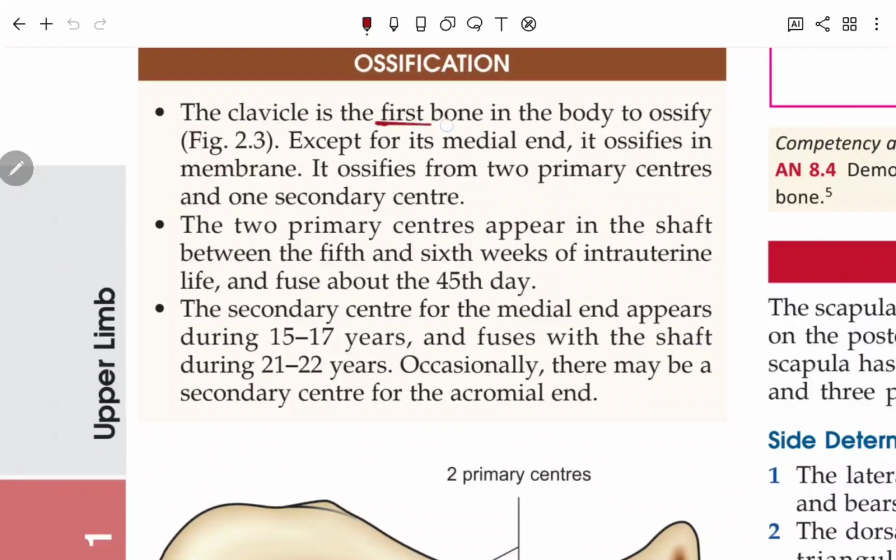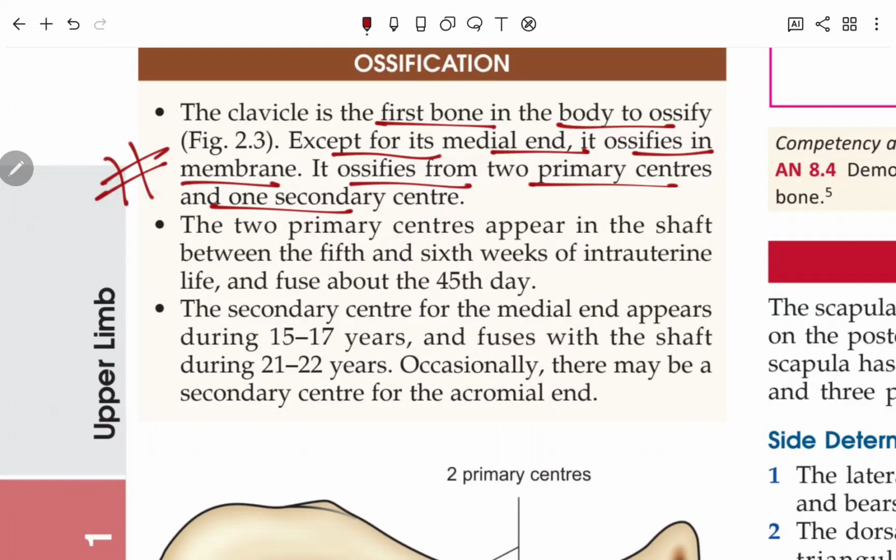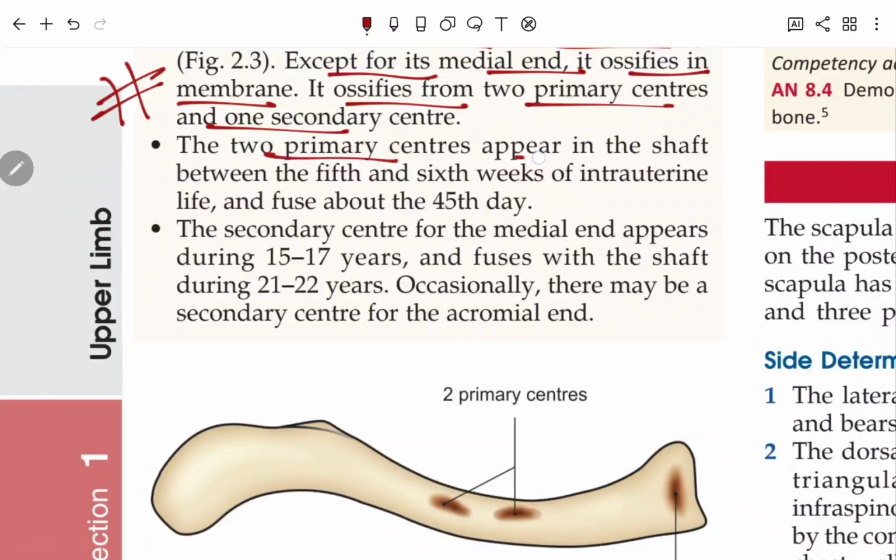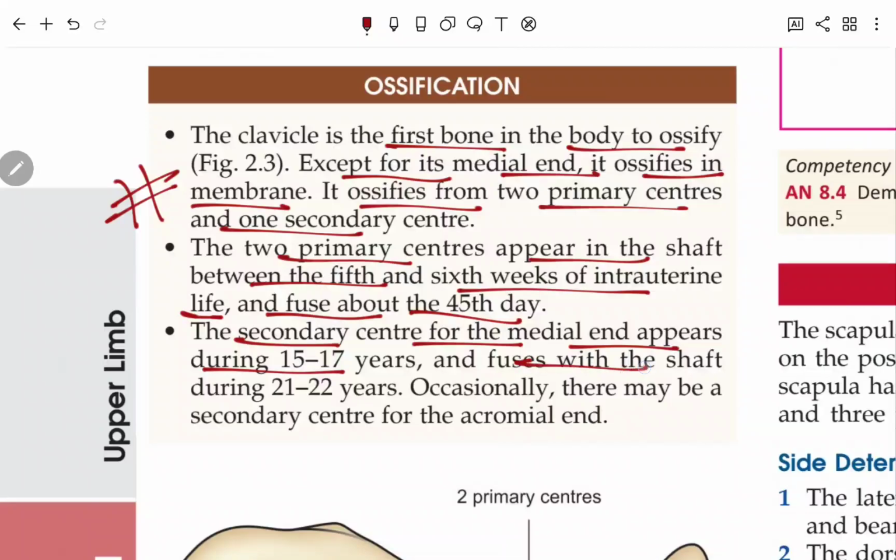The clavicle is the first bone to ossify, we saw in the characteristics. Except for its medial end, it ossifies in the membrane. There are two primary and one secondary center. The two primary centers appear in the shaft between the 5th and 6th week of intrauterine life and fuse about the 45th day. The secondary center for the medial end appears during 15 to 17 years and fuses with the shaft during 21 to 22 years.